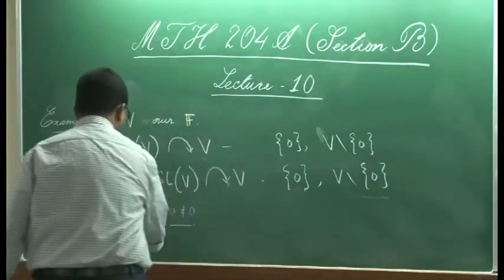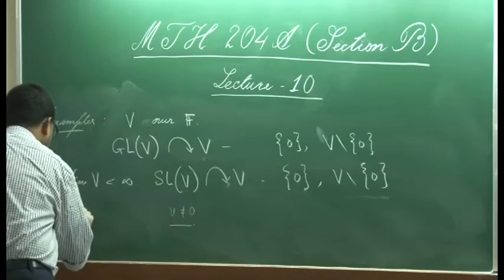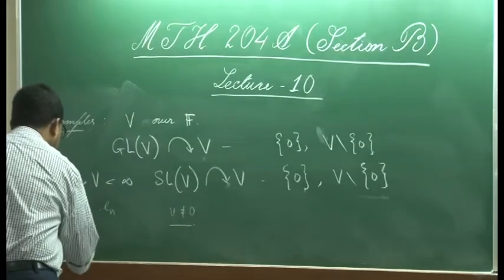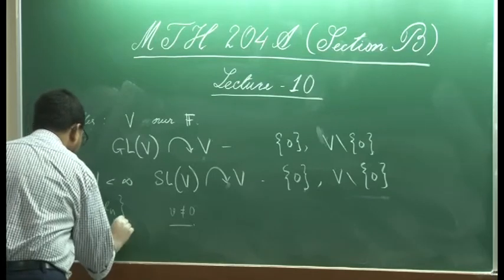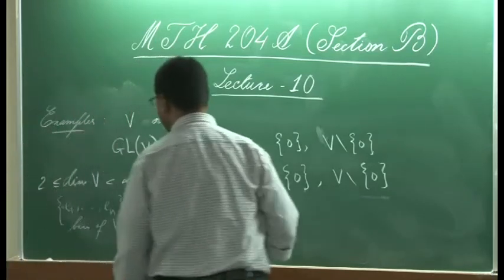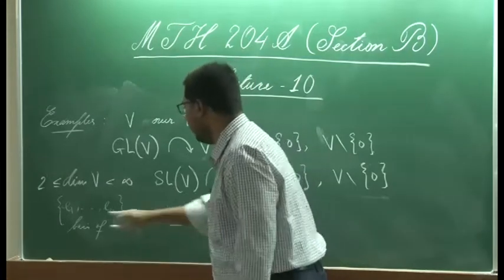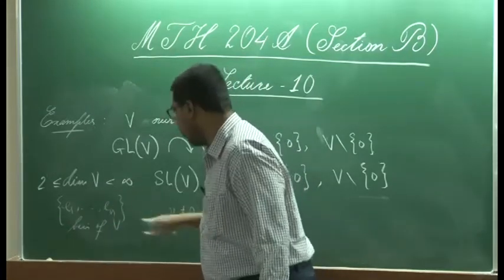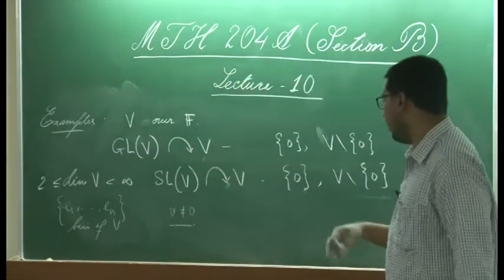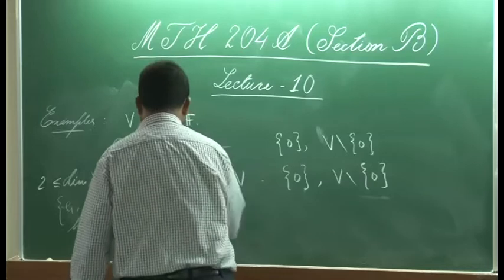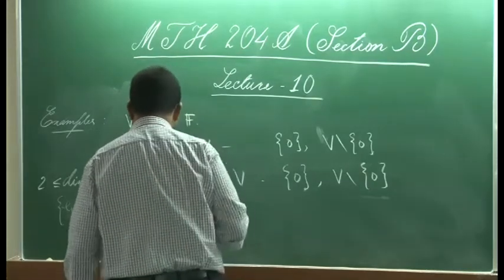So let's first fix an ordered basis e1 up to en of V. It's enough to show that for every non-zero vector v, e1 can be moved to v by some linear map having determinant 1. So now it is quite clear how to deal with that.